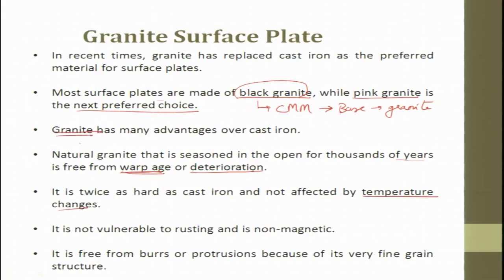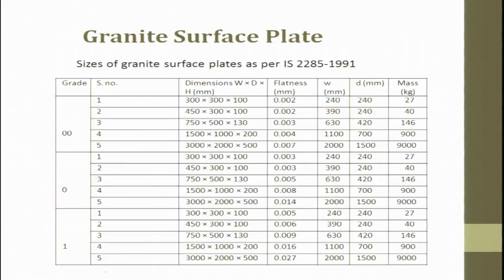So, granite has its own advantage as compared to cast iron, and cast iron is sometimes vulnerable to rusting. Here there is no rusting and no magnetic field influence, and it is free from burr or protrusion because very fine grain structures are there. So, this is very much used, very popular, and today people have started using granite as compared to cast iron.